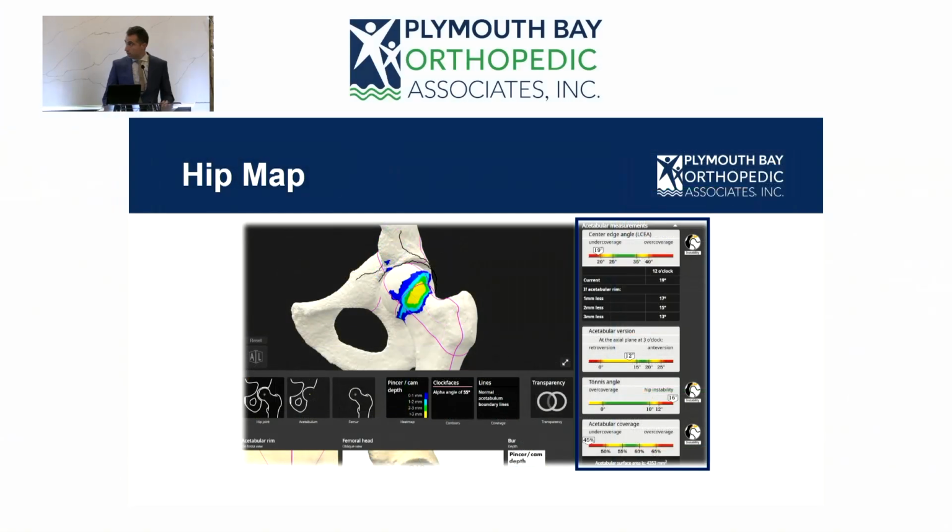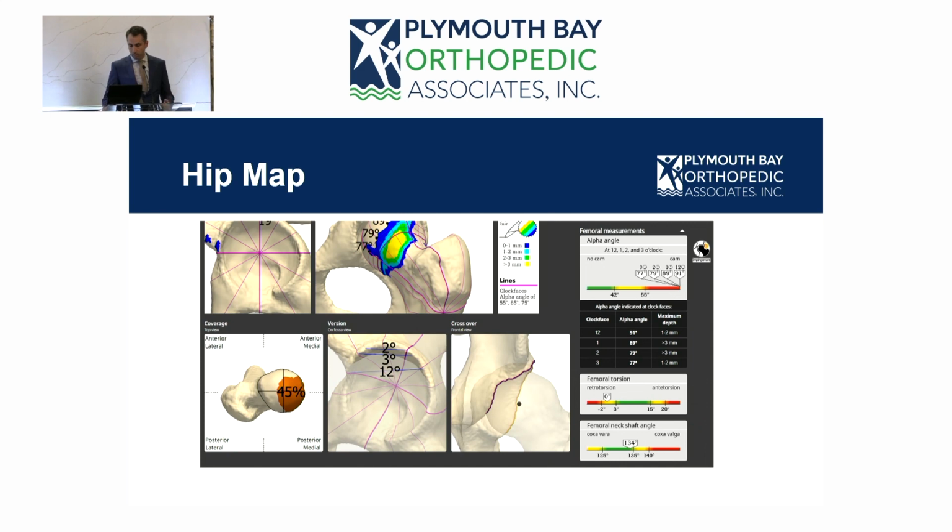The software also gives you the reference values, which you can see on the right of the screen, and compares the measurements of your patients to them. Oftentimes you can see dysplasia and impingement at the same time, so that will help you with planning. If you go in thinking this is just an impingement problem, you're going to resect too much and you can make a patient unstable, which would obviously not be good and could lead to some bad outcomes. It does this on the femoral side and the acetabular side as well.